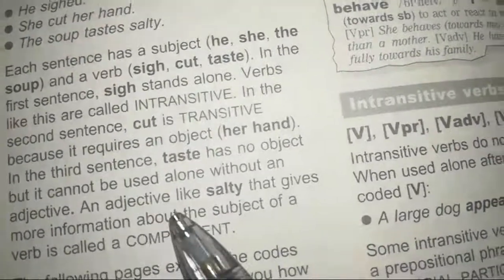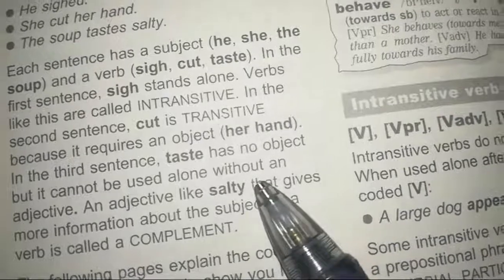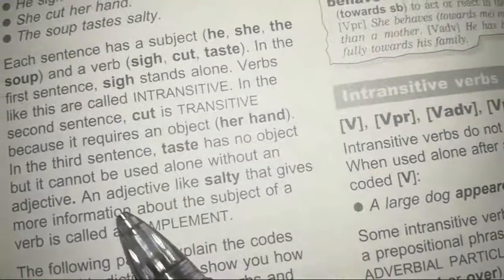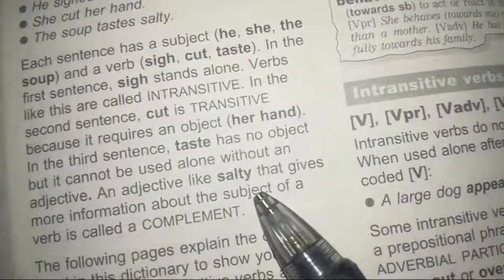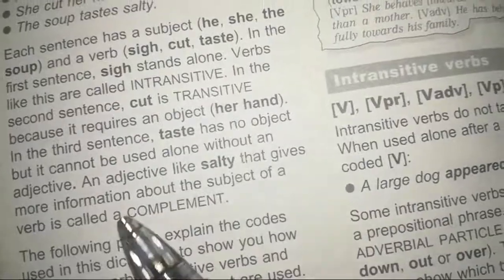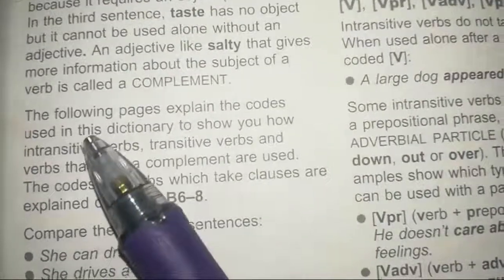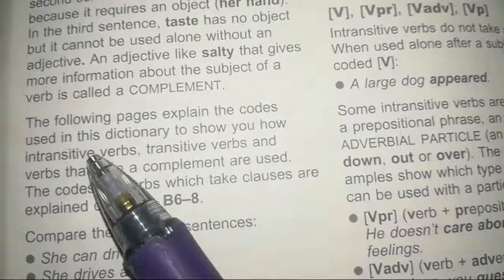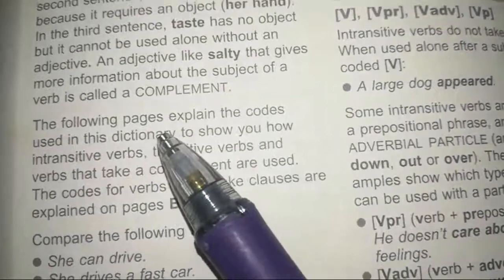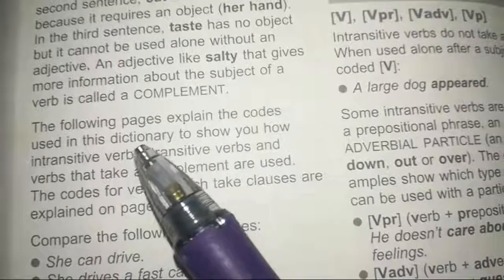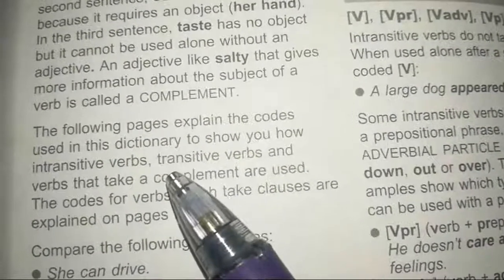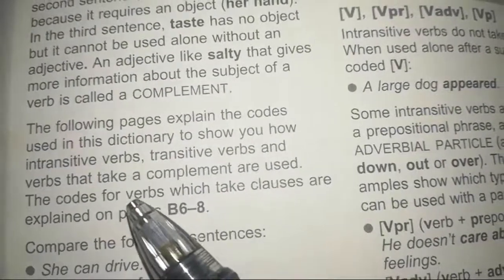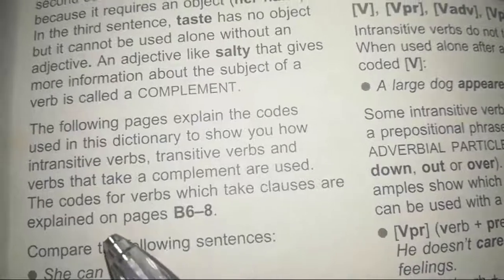An adjective, like salty, that gives more information about the subject of a verb is called a complement. The following pages explain the codes used in this dictionary to show you how intransitive verbs, transitive verbs, and verbs that take a complement are used.